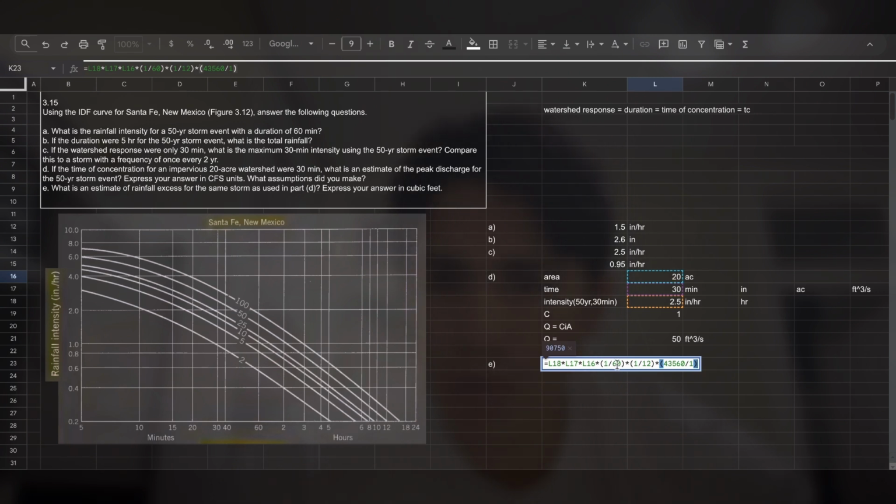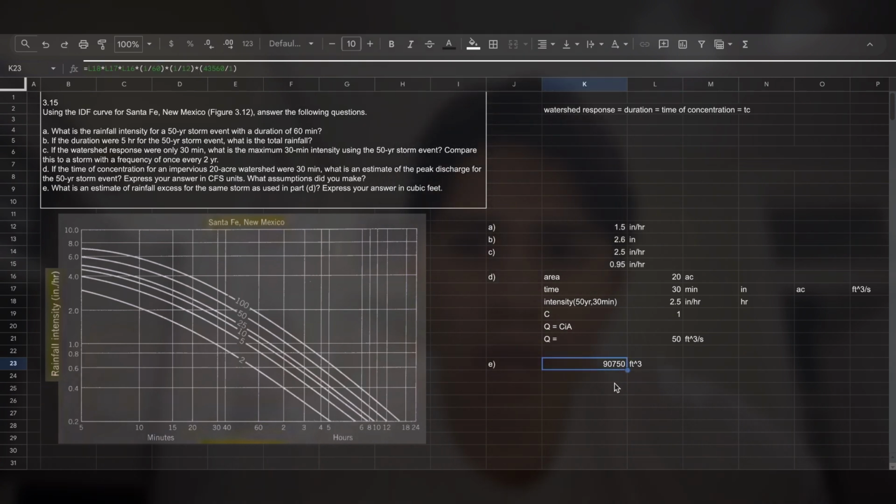So this is 1 hour over 60 minutes, this is 1 foot in 12 inches, and this is 43,560 square feet in 1 acre. And that should give us our volume in cubic feet, which is 90,750.